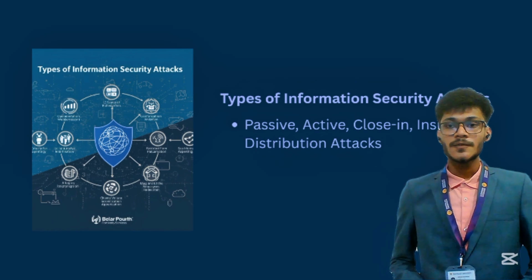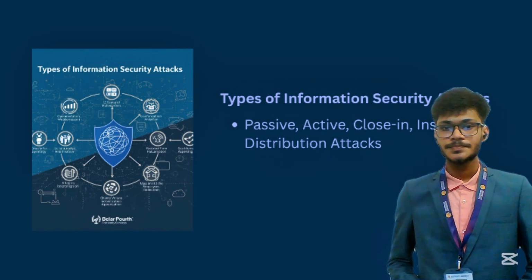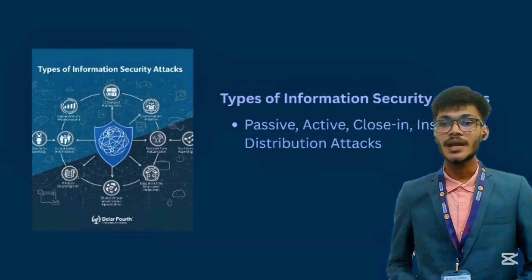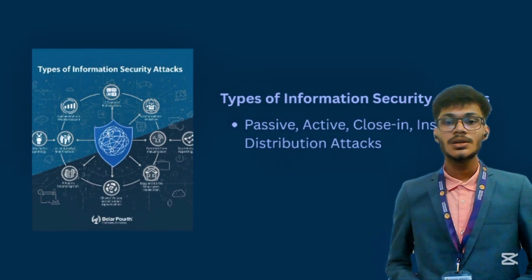Types of information security attacks. Attacks fall into several categories. Passive attacks silently monitor data, while active attacks directly damage systems. Close-in attacks involve physical access, like plugging in a malicious USB.